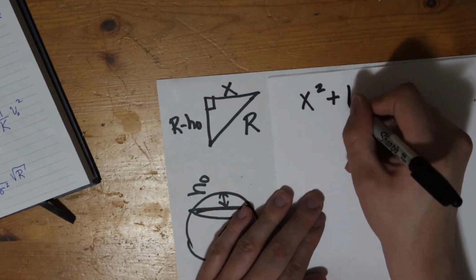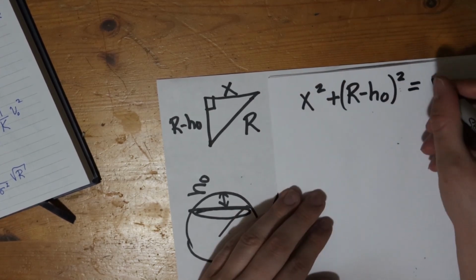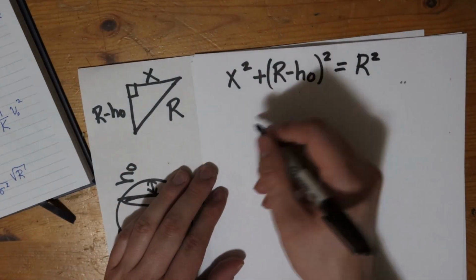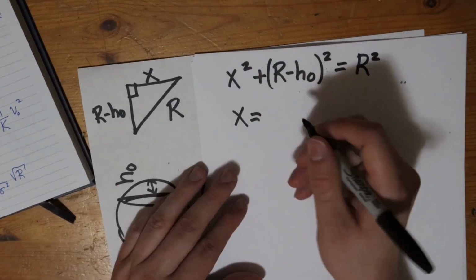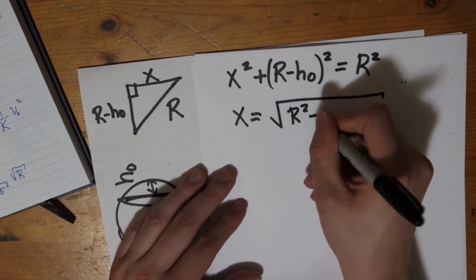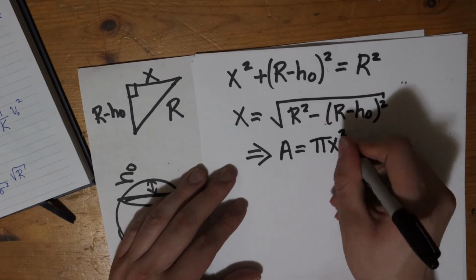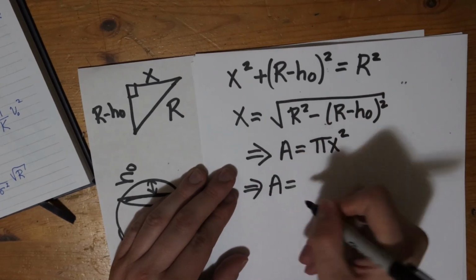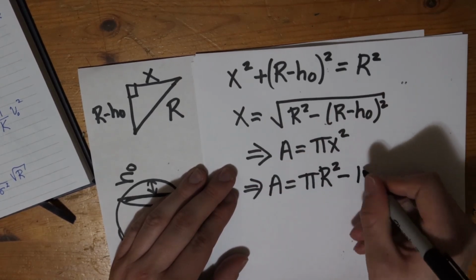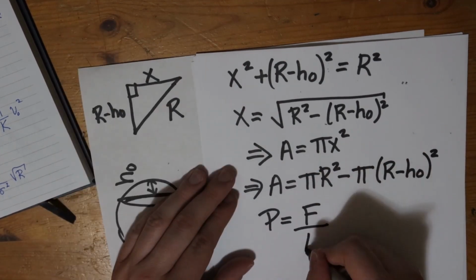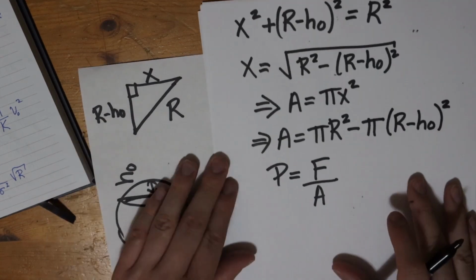I'm showing again the triangle so you can clearly see. So you're trying to isolate for x. So you can just do the Pythagorean theorem and figure out x is equal to this. And from that, you can figure out what is the area, which is pi times x squared. And you replace x, you figure out that's the cross-section area.